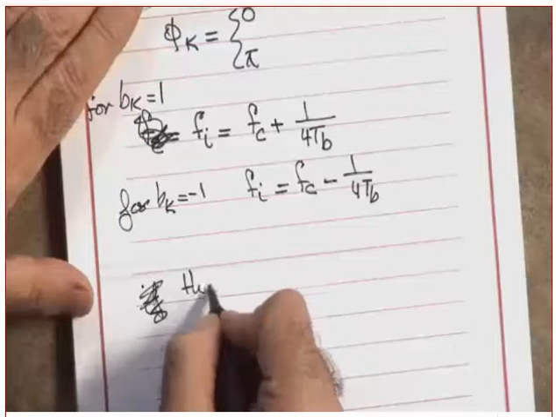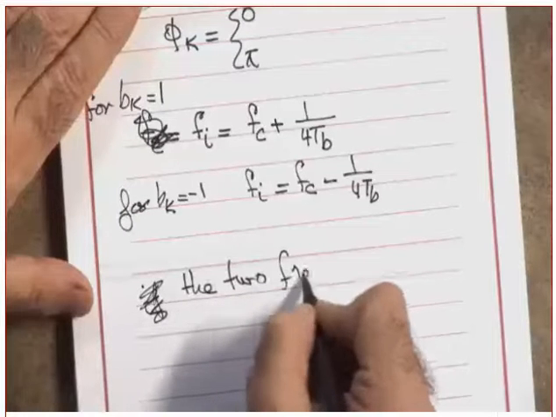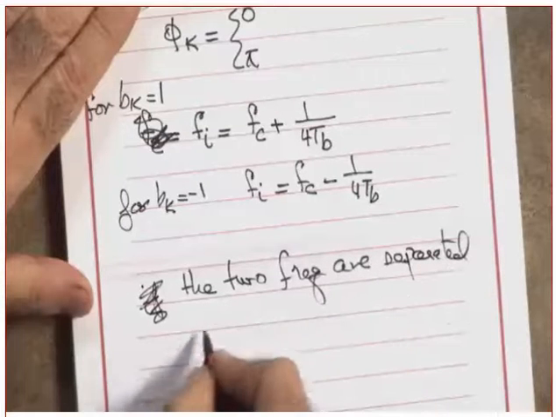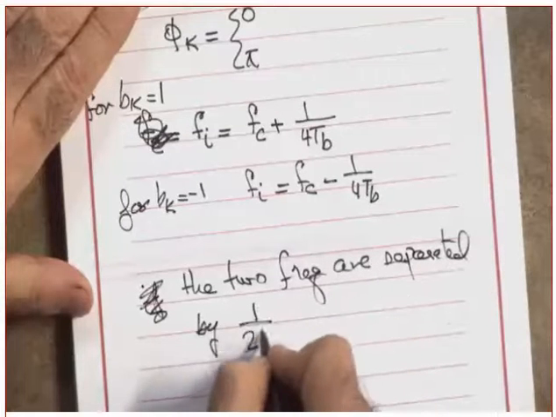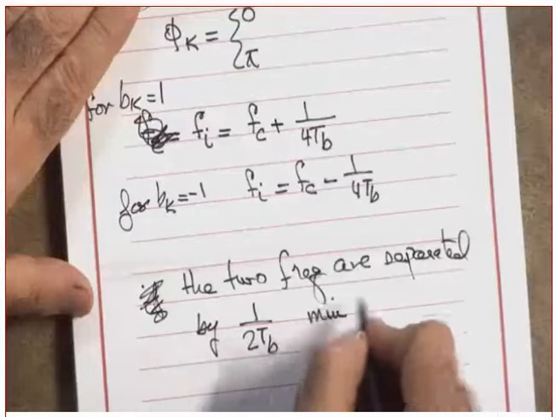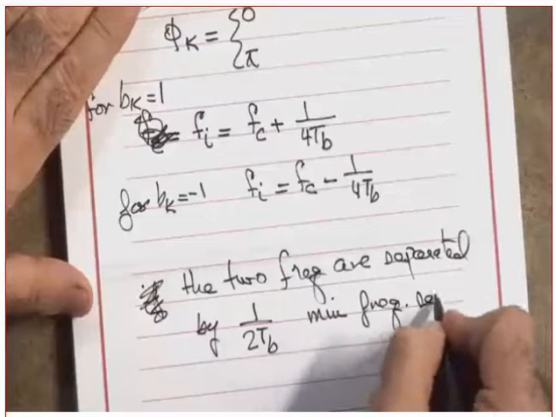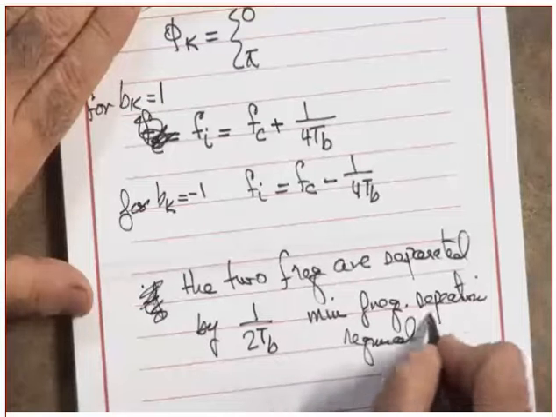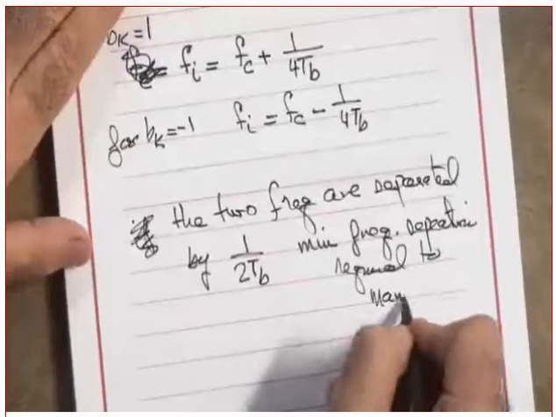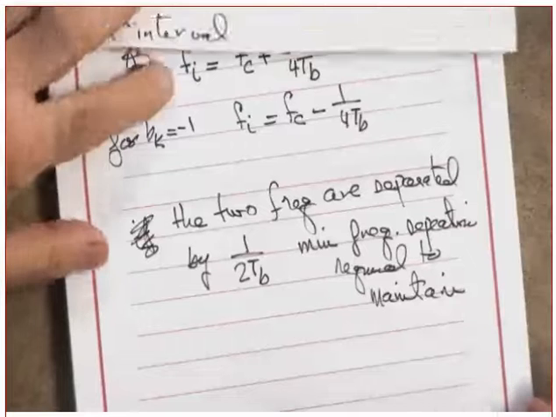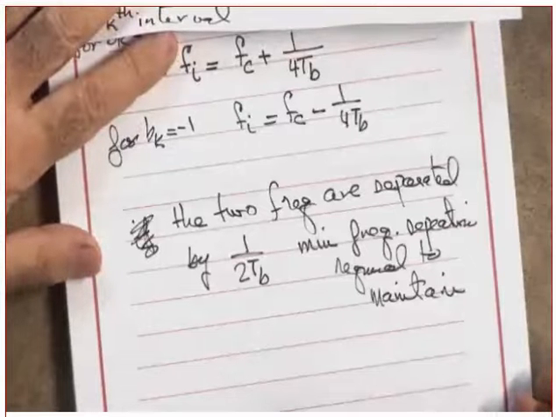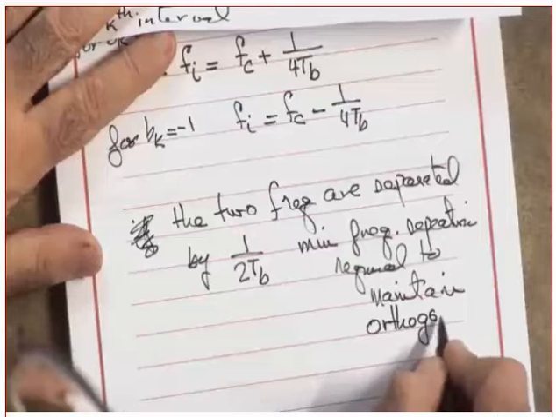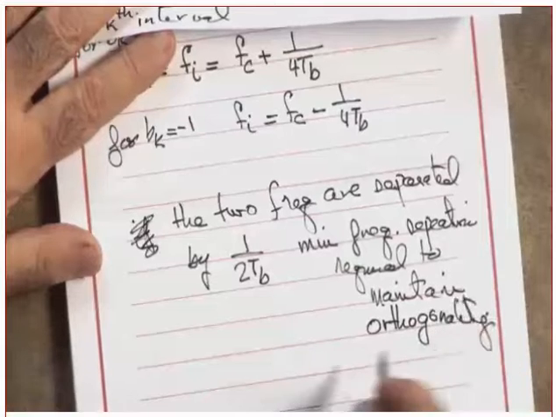What is the separation? The two frequencies are separated by how much? 1 over 2T_b, which is the minimum frequency separation required to maintain orthogonality.